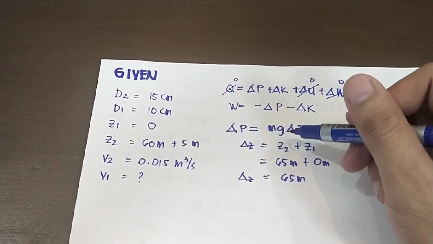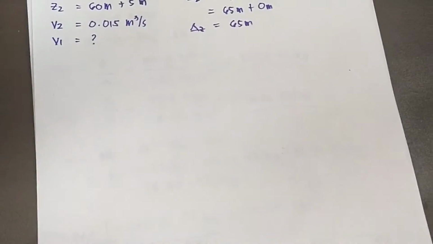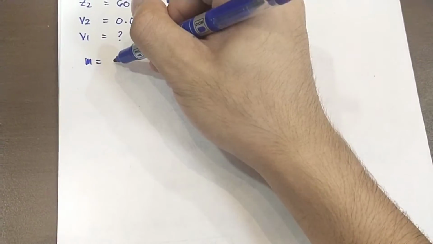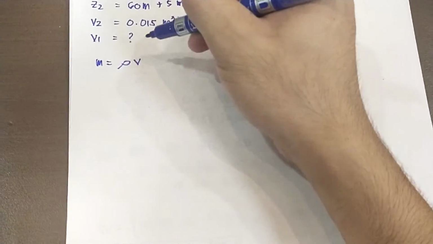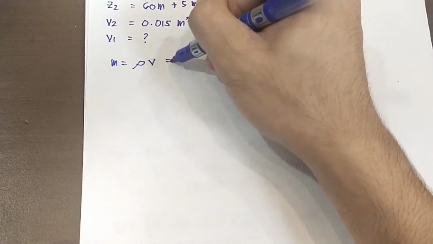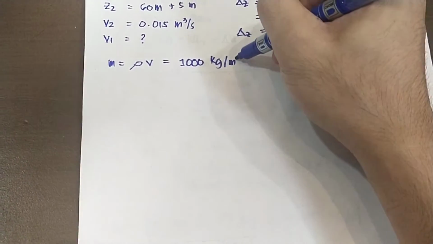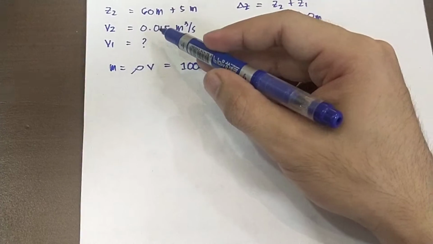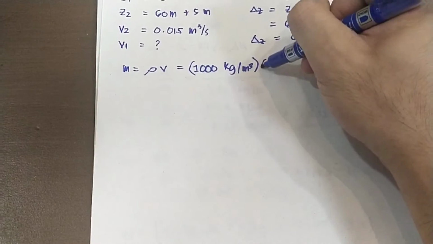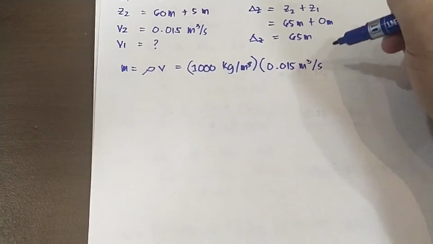And we have to find our mass flow rate. So our mass is the density times the volume flow rate, where the density of the water is equal to 1000 kilograms per cubic meter, and the volume flow rate is given as 0.015 cubic meters per second.